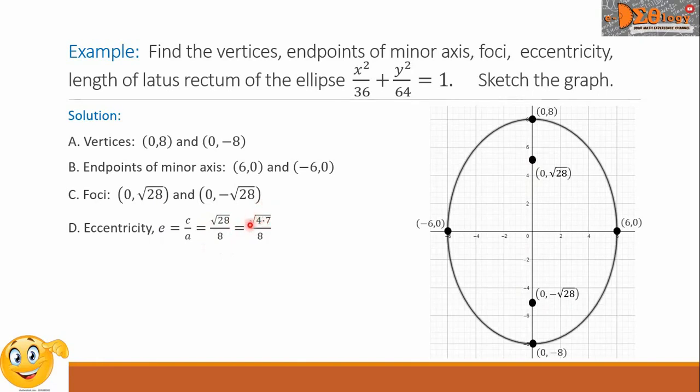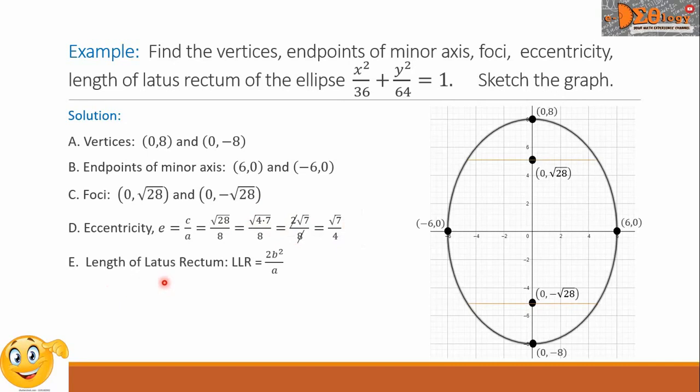The number 4 inside the radical can be taken out into 2 times the square root of 7 over 8. We can cancel the constant 2 and the denominator 8, and we have the final answer to be square root of 7 over 4. This is the eccentricity.